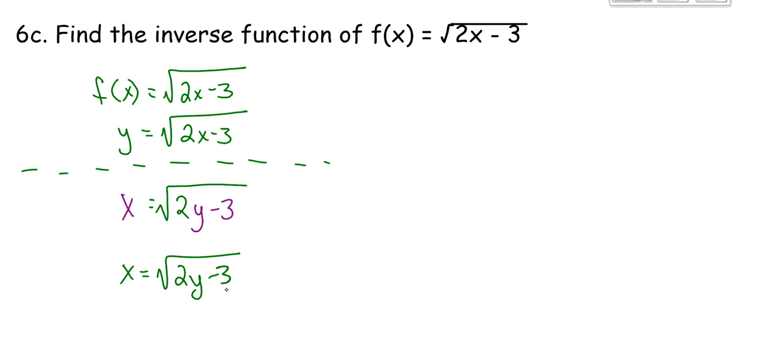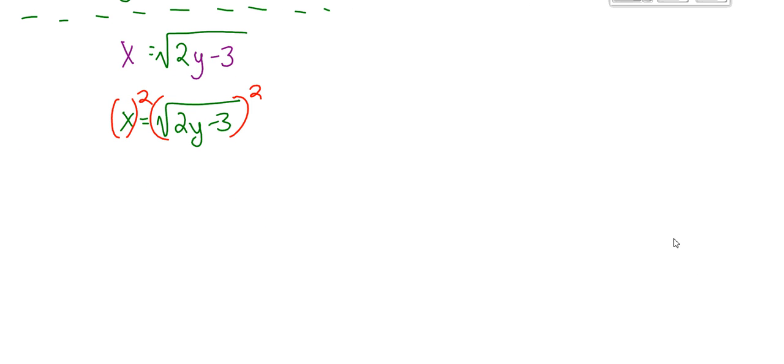Now I want to get y alone, so I'm going to square both sides first. And when I do that, I'm going to get x squared equals, squaring and square rooting cancel each other out, 2y minus 3.